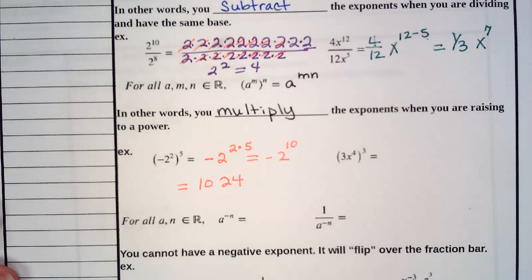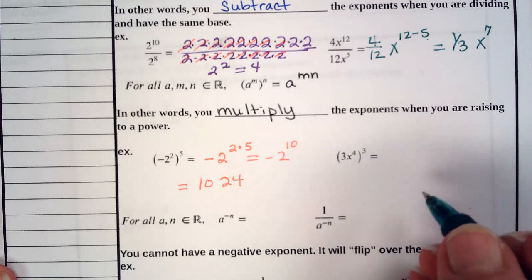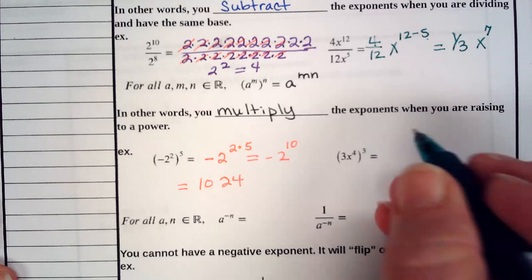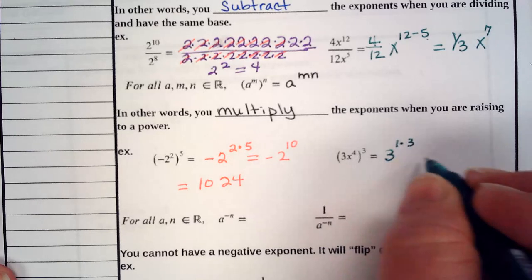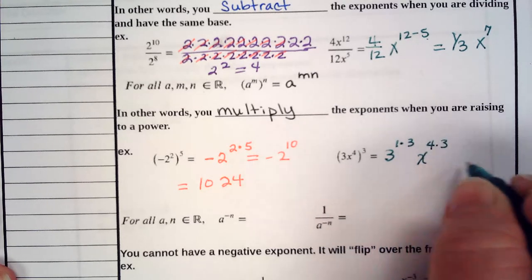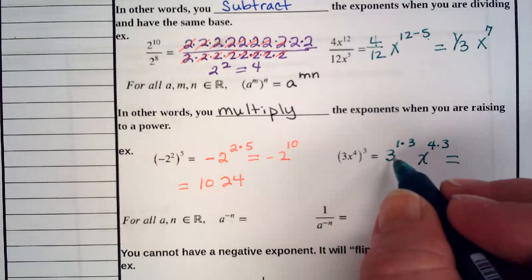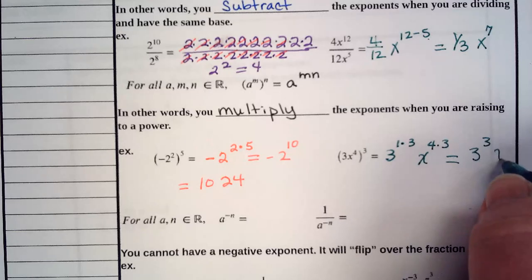What about the next one? Oh, I've got 2 numbers in here. What's going to happen? Well, it becomes 3 to the 1 times 3, x to the 4 times 3, 3 to the 3rd, x to the 12th.